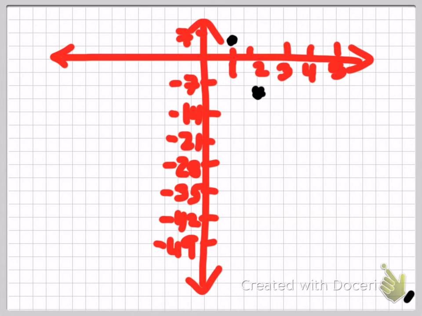And 3, negative 23. This would be a little bit closer to the 21. But about there. And then 4, negative 36, which is going to be about here.